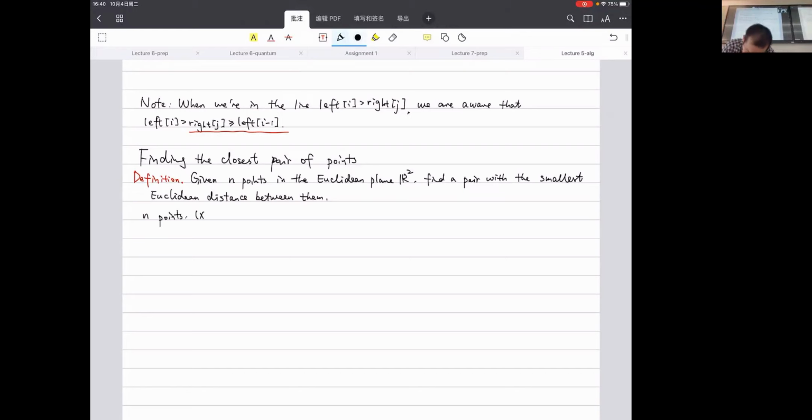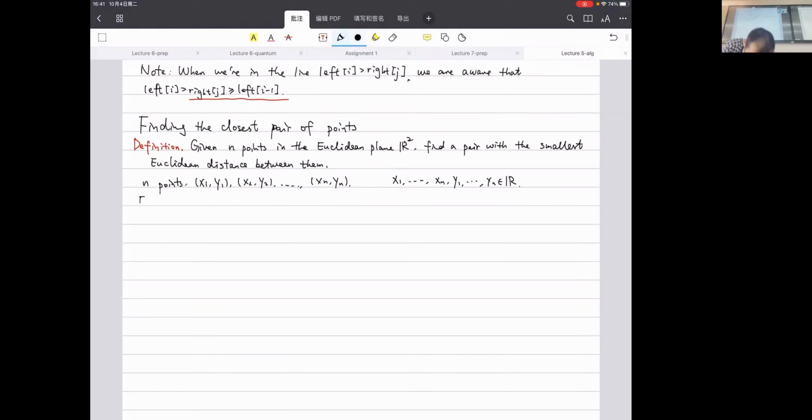Assume them to be x1, y1, x2, y2, up to xn, yn. Here all the coordinates are going to be real numbers.